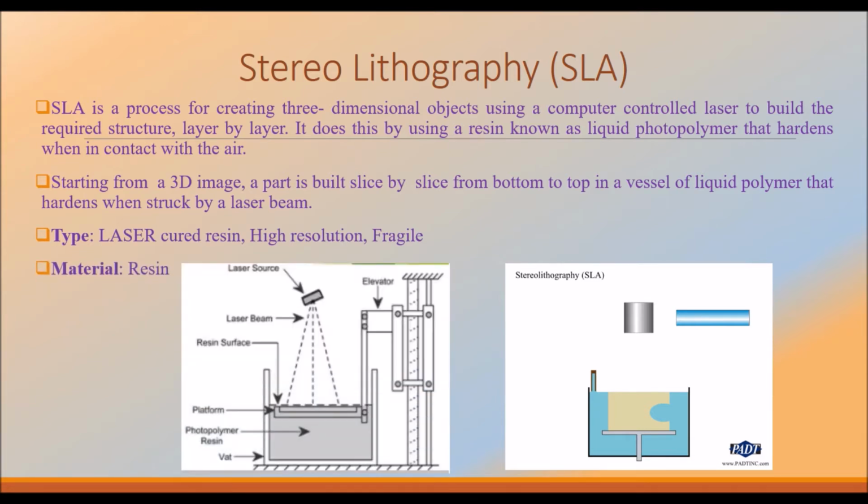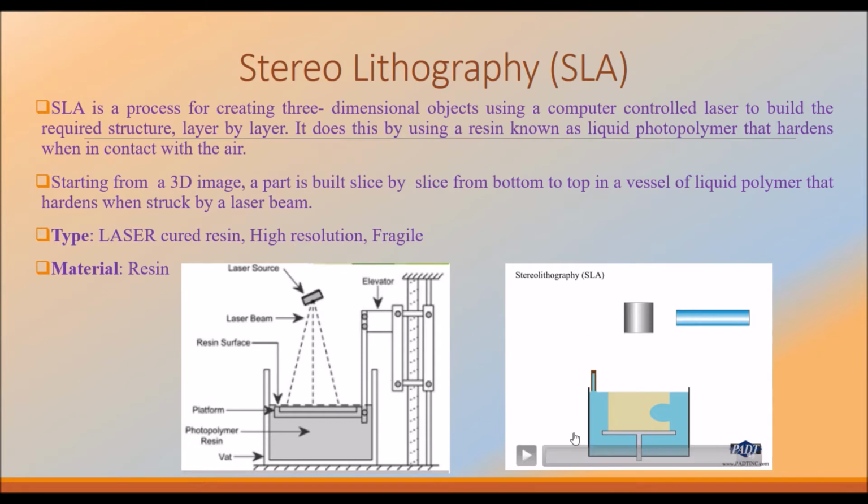This is the figure related to stereolithography. Here we can see a photopolymer resin in this area, and on the platform you get the 3D printed object layer by layer. This is the resin surface. On this surface you get the object, and the laser beam is spread like this from the laser source, and using the elevator the bed moves up and down.